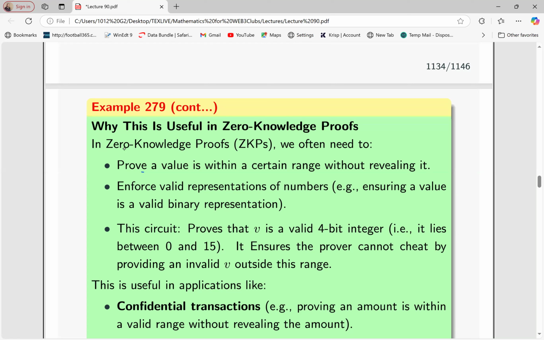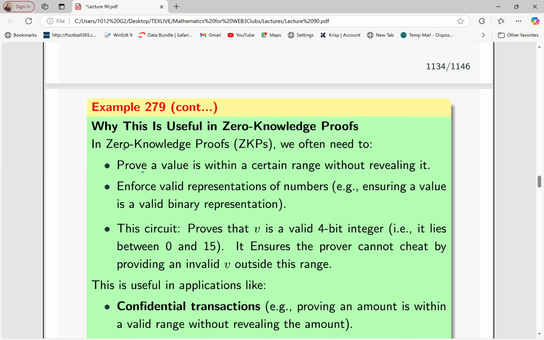The other part is that it will be used in zero knowledge proof to enforce valid representation of numbers, for example, ensuring that a value is a valid binary representation. The value we've been given, we have to ensure that it's a valid binary representation of V. We've been given a binary number, so is it the correct binary number for the decimal number that we were given? That is again where we need to be sure.